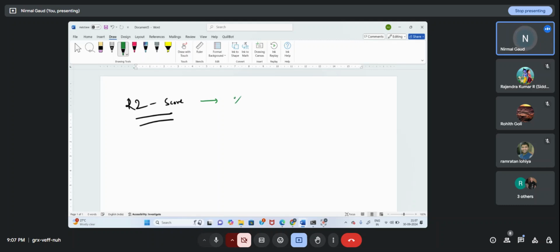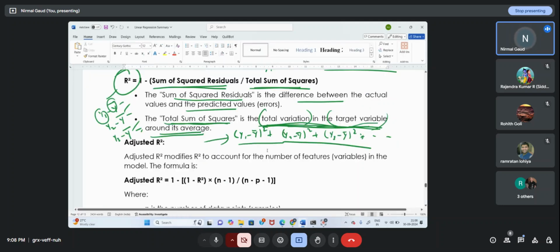The only thing, basic: percentage of variance explained of target y, y predicted. The formula is 1 minus the summation of the error squared.